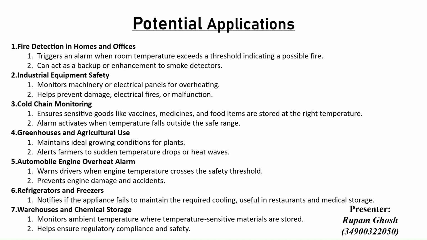In industrial environments, it can monitor machines or electrical panels for signs of overheating, thus preventing costly damage or even fires. For medical and food storage, where maintaining a specific temperature range is critical, such as the cold chain for vaccines or goods, this system can offer real-time alerts when conditions deviate from the safe range.